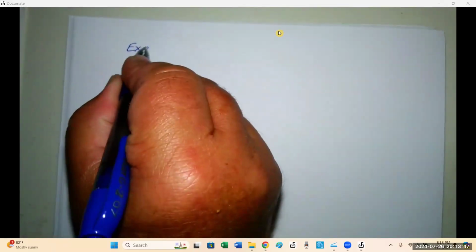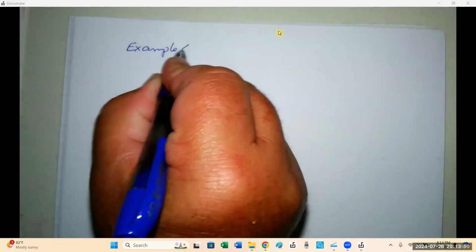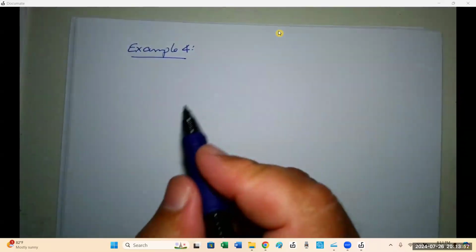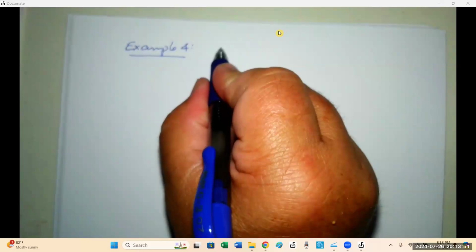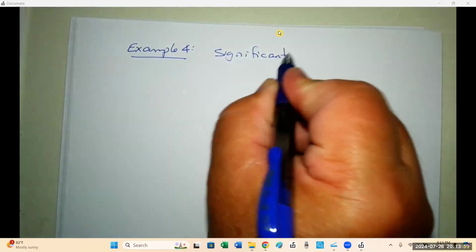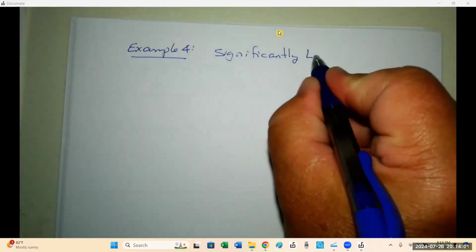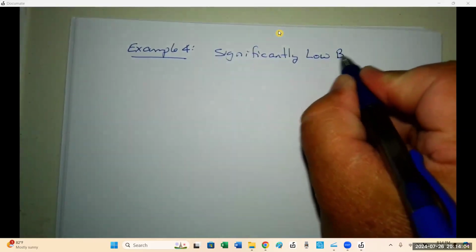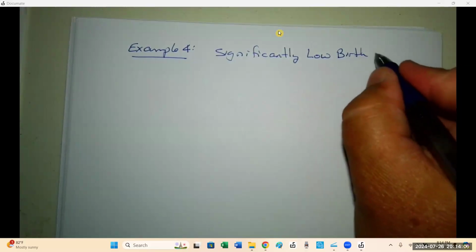Let's look at example 4. What is example 4? Where is it, there it is on the bottom. Example 4 is significantly low birth weight.